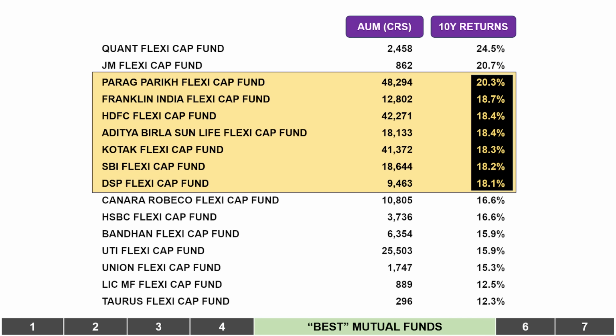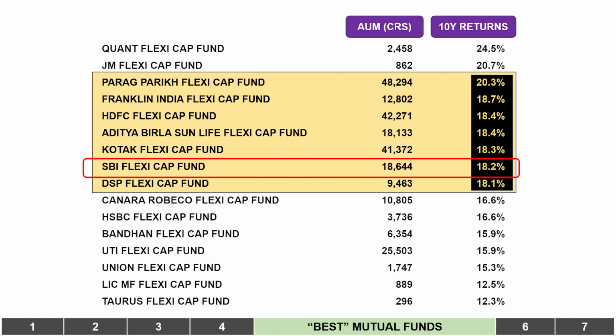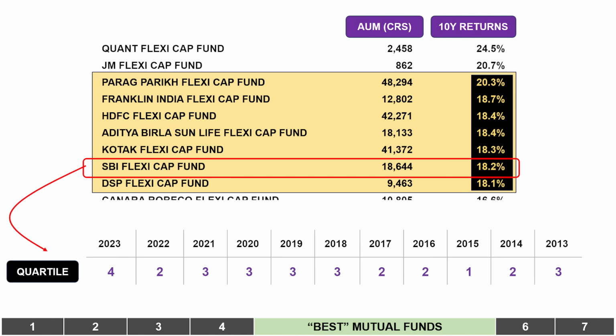Of course, I'm not suggesting that you'll make 18 to 19% by doing this, but just to prove a point, I want to particularly point out SBI FlexiCap, which has a 10-year CAGR of 18.2%, but remarkably, in all those 10 years, it entered quartile 1 only once in 2015, has spent the remaining 9 years in quartile 2, 3 or 4, and yet it has a more than acceptable 18.2% CAGR to show for its efforts.